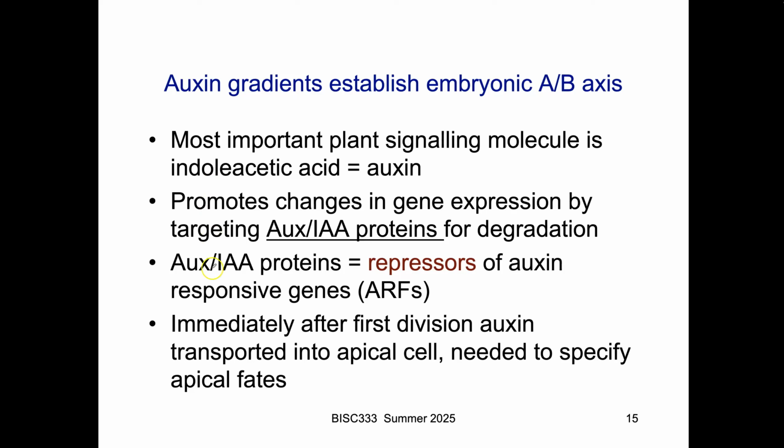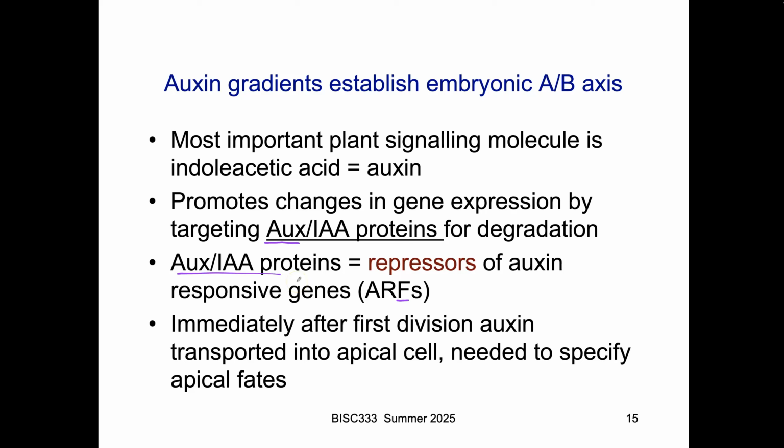next lecture. Okay, and it promotes the changes in gene expression by its effect on proteins that are called Aux/IAA, auxin/indole acetic acid proteins, and these happen to be repressors of auxin responsive factors that actually transcribe the genes, what we call the auxin responsive genes.